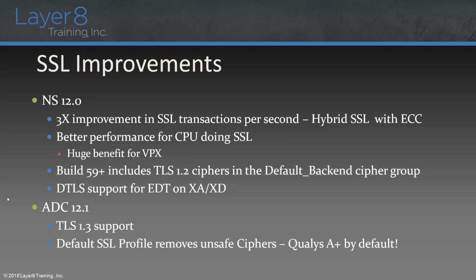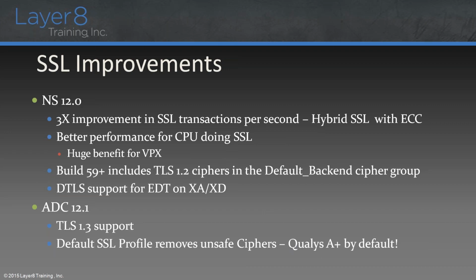In 12.1, they've gone in and said, hey, here's some things that are unsafe. We need to go in and remove this. So now that default profile type is going to have your secured ciphers. It removes some of the broken ciphers. And so this should get us an A+ on our SSL score by default. If you guys are familiar with this, you can go in and have your site tested.